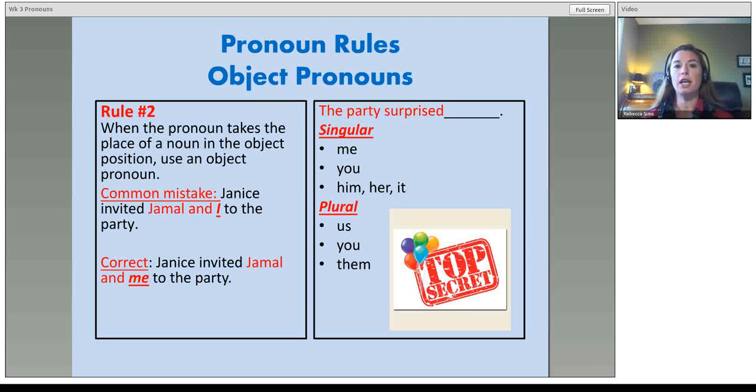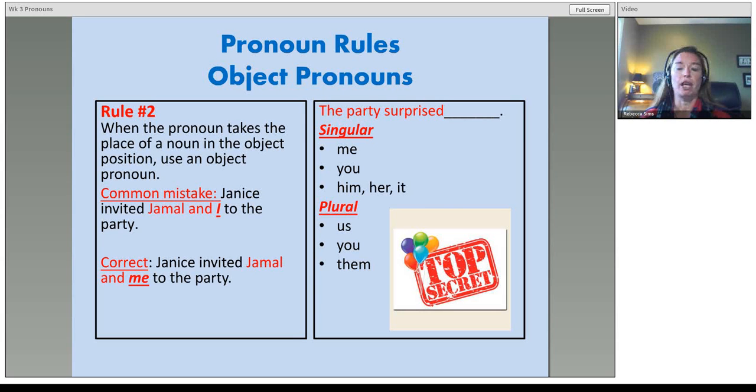Our second rule deals with object pronouns. When the pronoun takes the place of a noun in the object position, we use an object pronoun. A common mistake that students make is the use of I instead of me. So Janice invited Jamal and I to the party is incorrect. We need to replace that object with me. Janice invited Jamal and me.